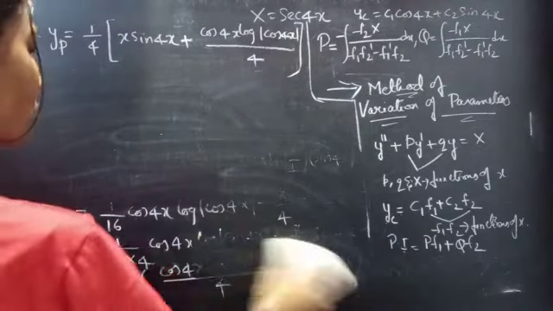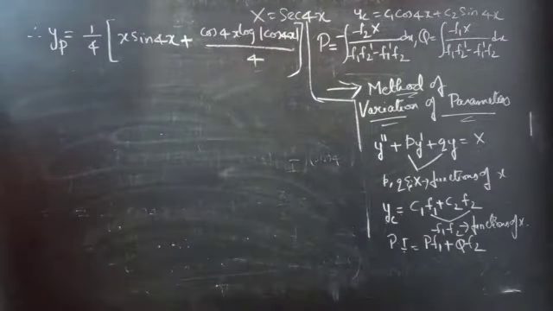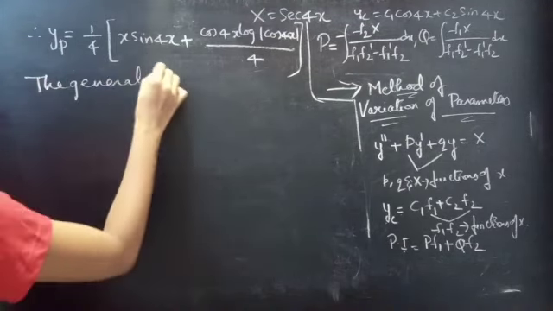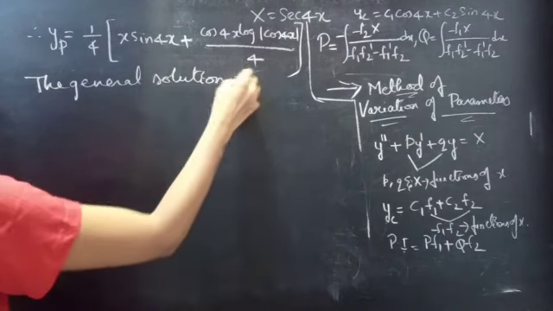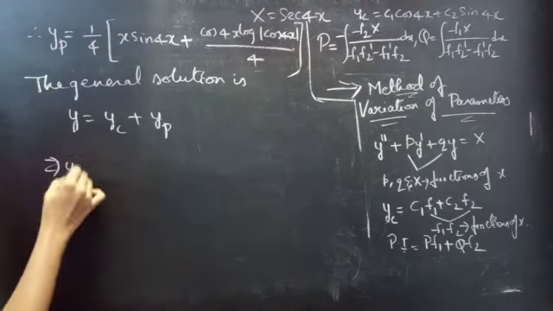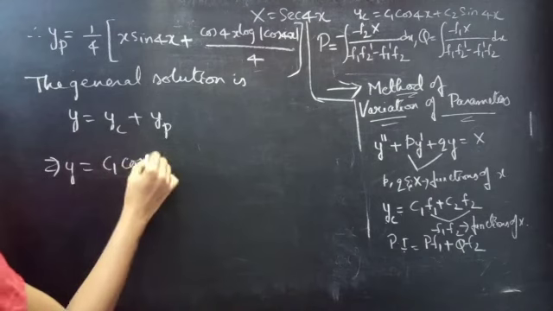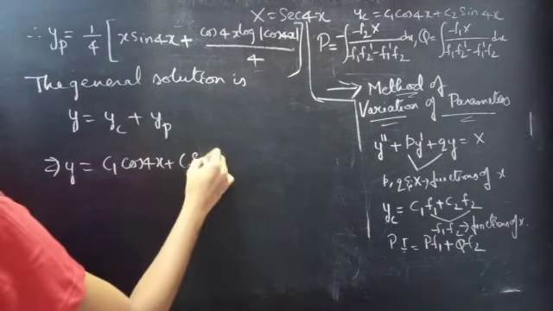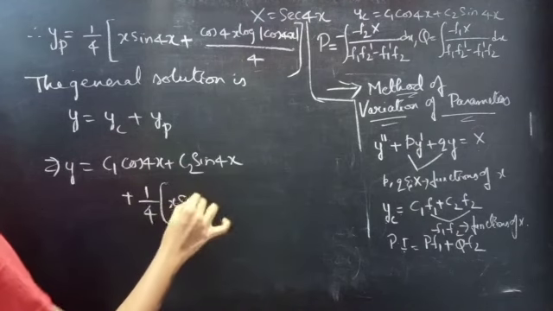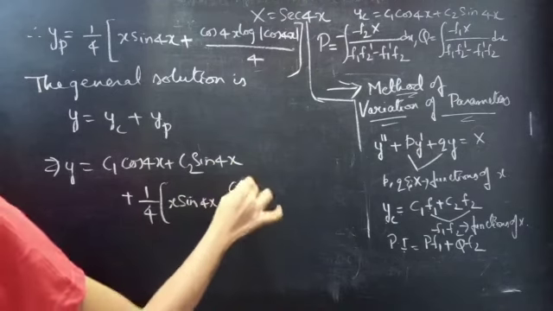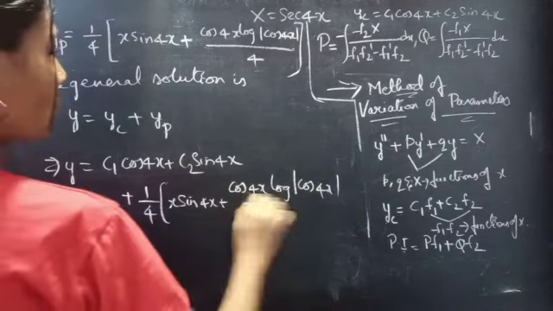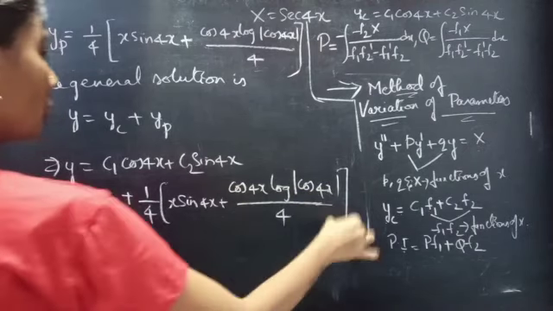Now we can write the general solution. The general solution is given by y equals yc plus yp. Then y equals, for yc you have c1 cos 4x plus c2 sin 4x, plus yp, 1 by 4 into x sin 4x plus cos 4x log mod cos 4x by 4, right?